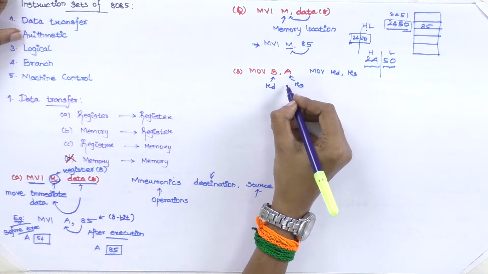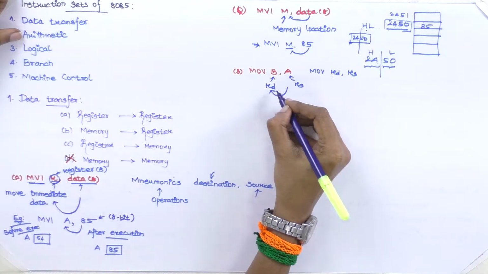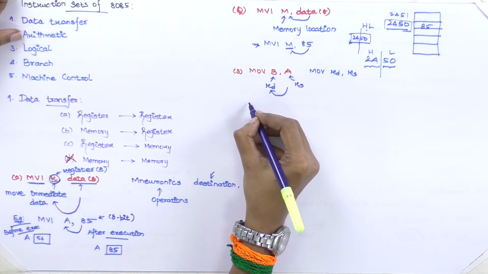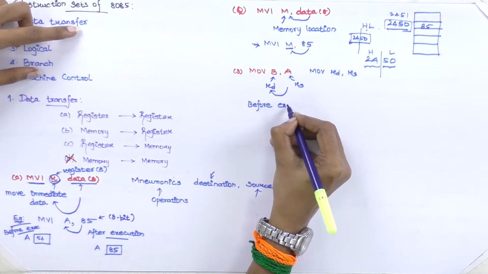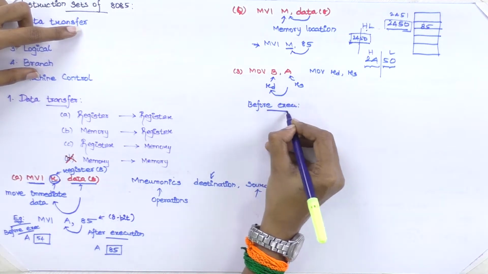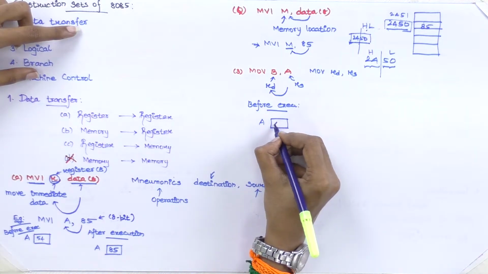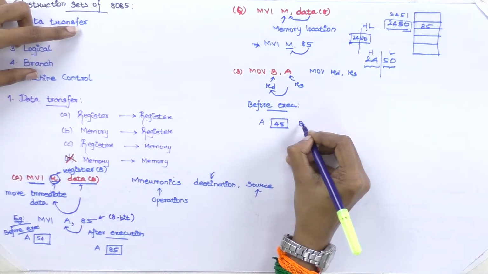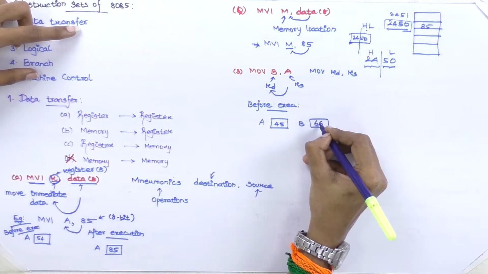What will happen here is the value in A register will get stored in B register. So before executing this instruction, A register will have a value of 45, B might have the value of 66.